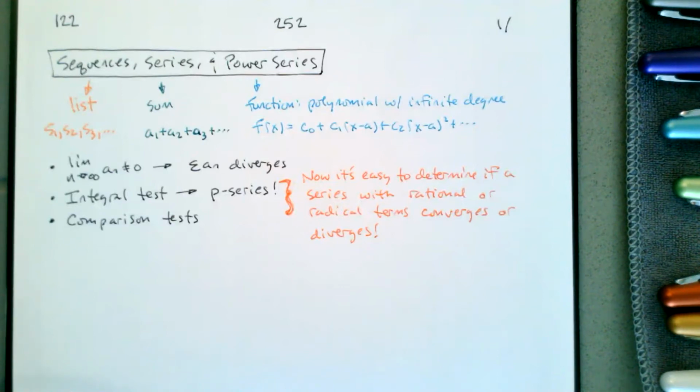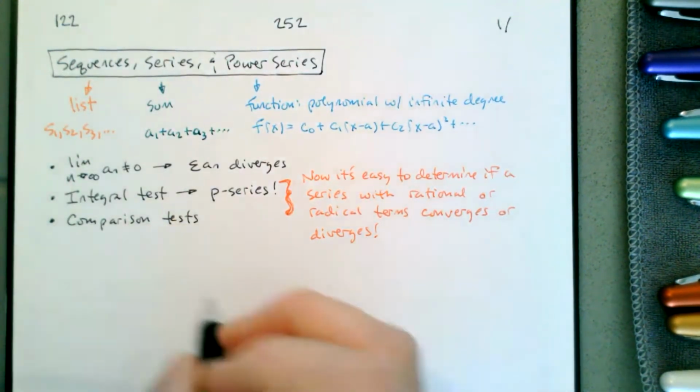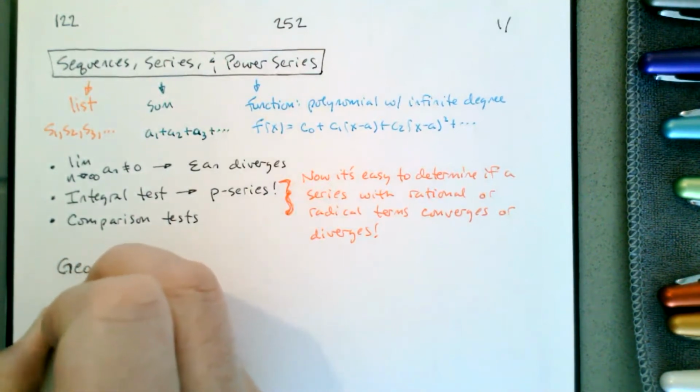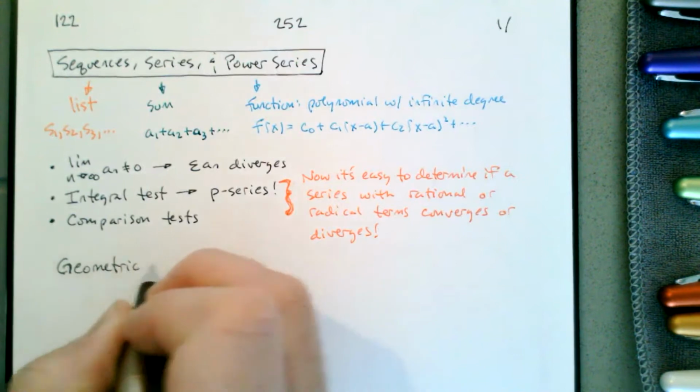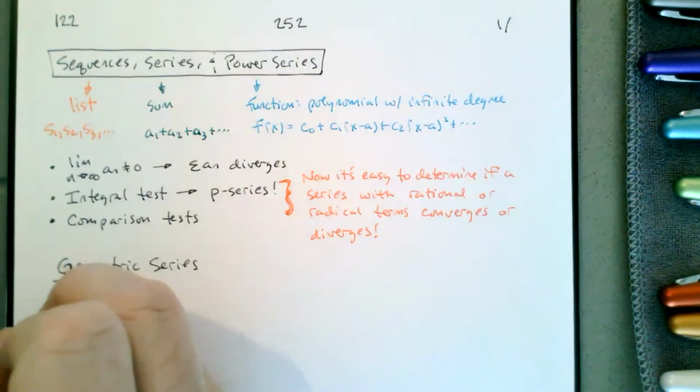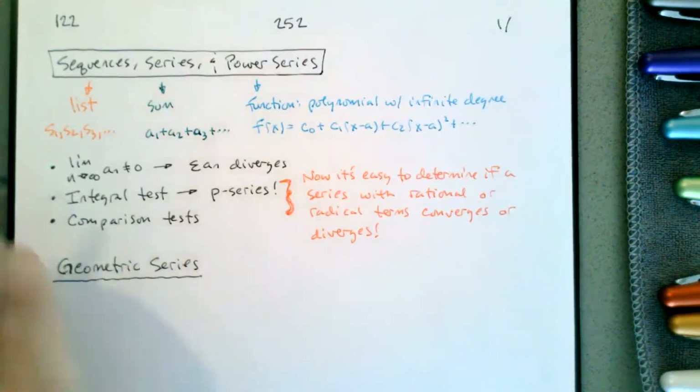All right. Today we want to look at a new big category, a geometric series. So I want to look at geometric series. Geometric series, the terms are going to look like exponential functions.